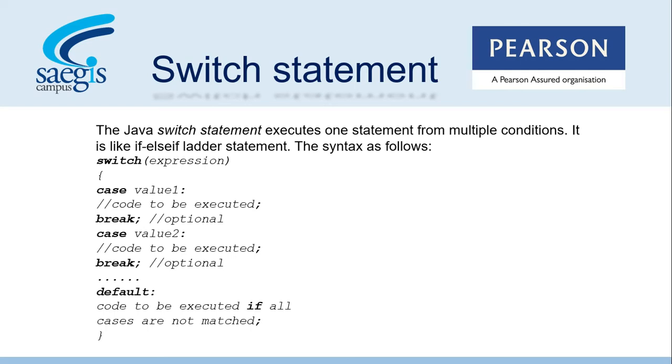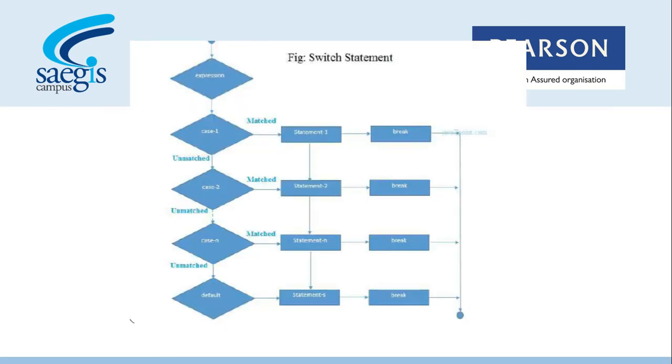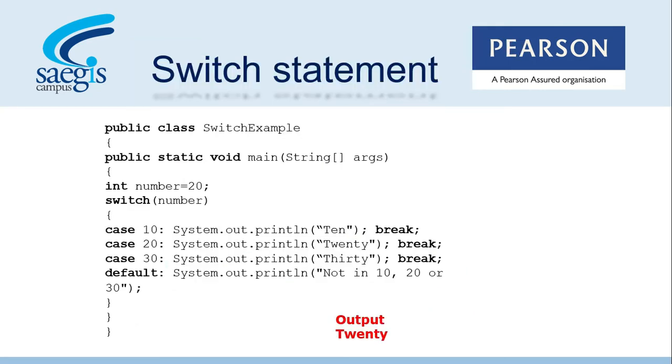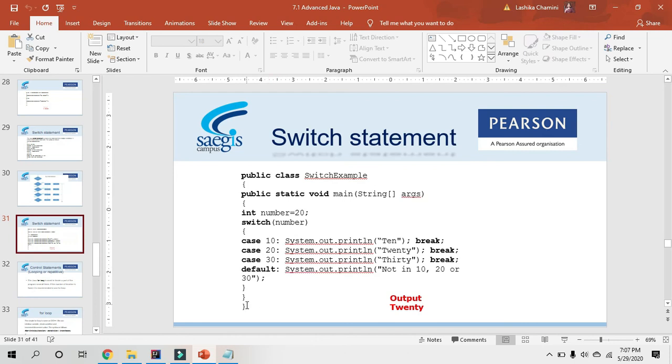Then you type the cases, and finally, if the expression doesn't match any of these cases, you can give a default statement to be executed. You can just go through this, and now we are going to execute this switch statement.